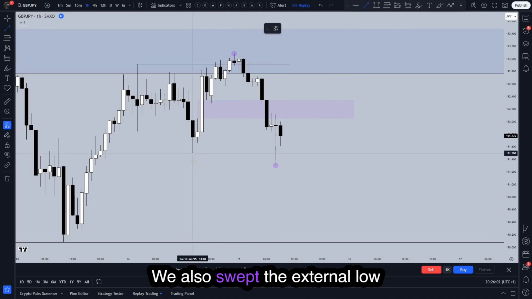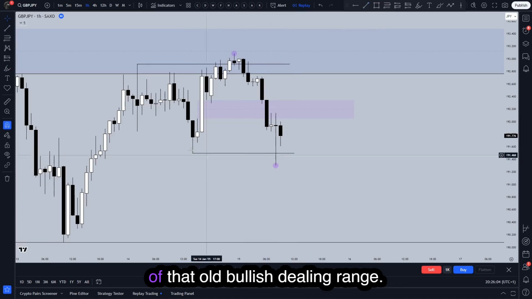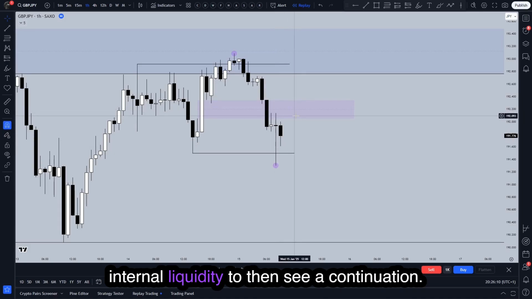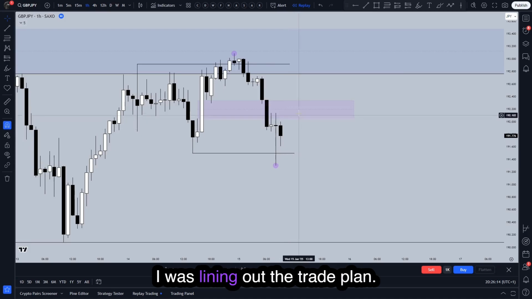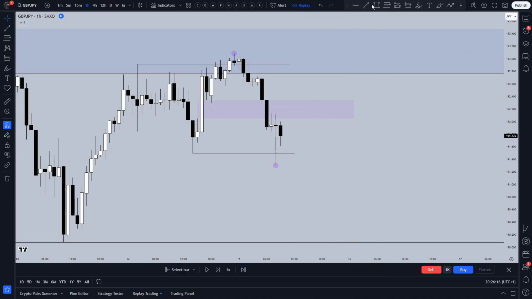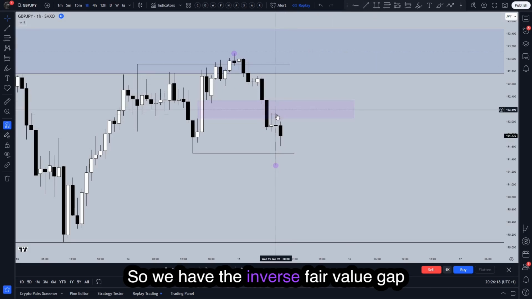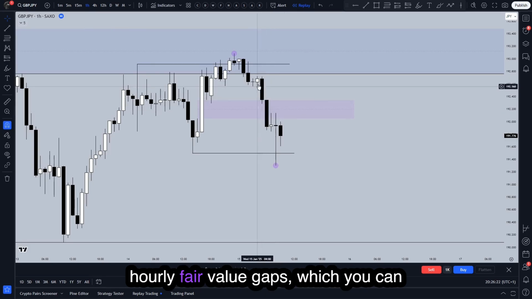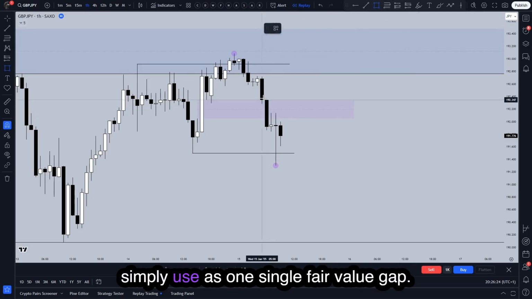We also swept the external low of that old bullish dealing range, so now we can expect a pullback into some internal liquidity to then see a continuation, just what I talked about when I was lining out the trade plan. So we have the inverse fair value gap here, and we have those two bearish hourly fair value gaps, which you can simply use as one single fair value gap.